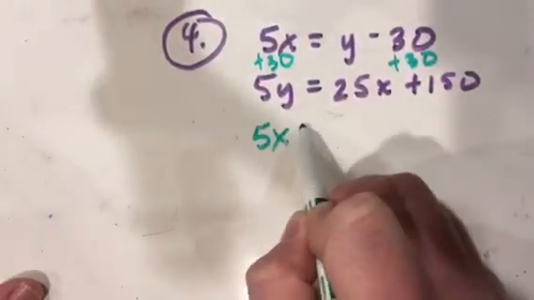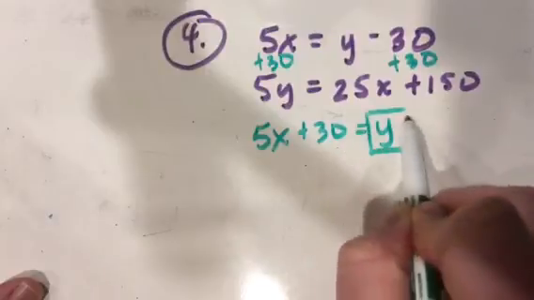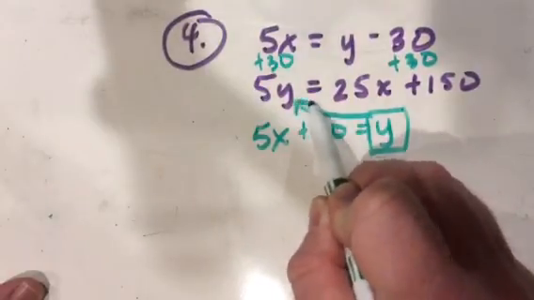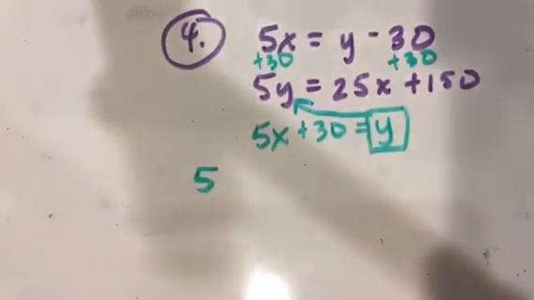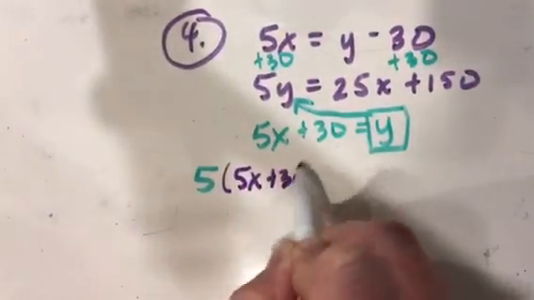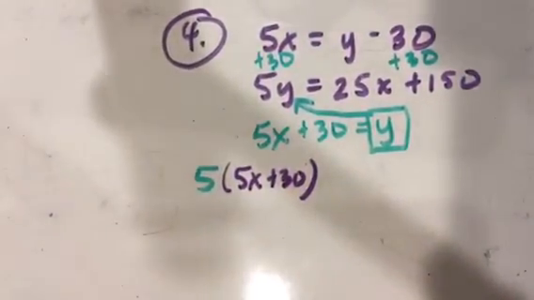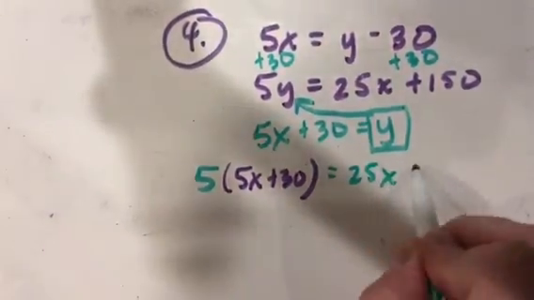So the first equation becomes 5x plus 30 equals y. And now I have y all by itself, and I'm ready to do a y for y substitution. But when I do that, I'm going to have 5, because remember now I'm using the other equation. I'm putting 5x plus 30, putting all of that in for y.